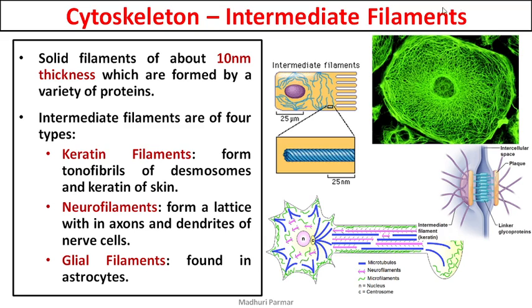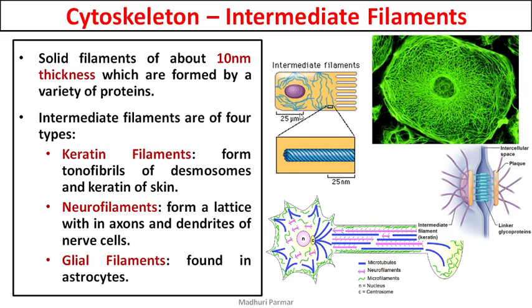In this diagram, this is a fluorescent light microscopy photograph. And in this photograph, all the green fibers you see are actually nothing else but these intermediate filaments. So here you can see it will be providing support to the nucleus as well, because it is thick around the nucleus and then it is thick around the cell membrane, and it is present throughout the cell.